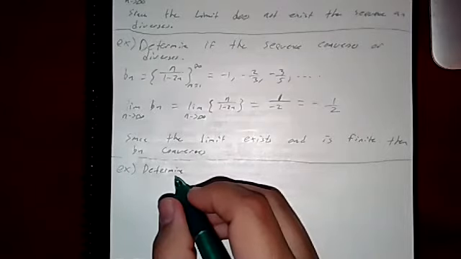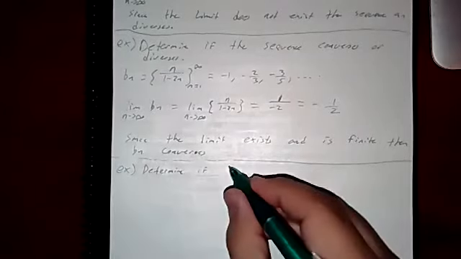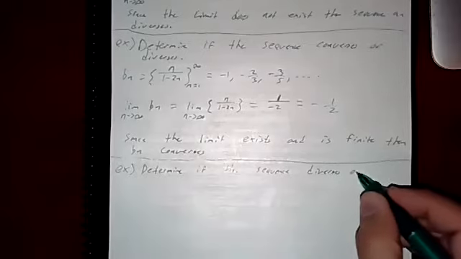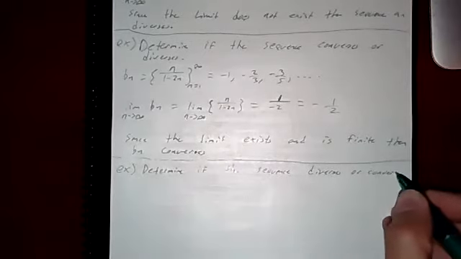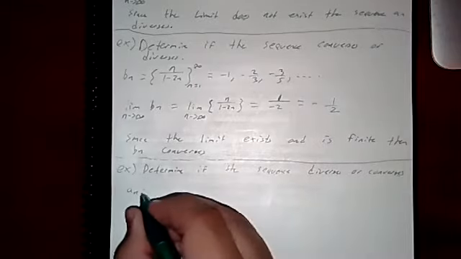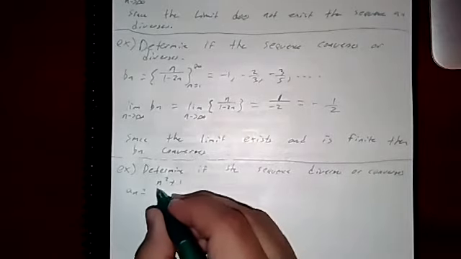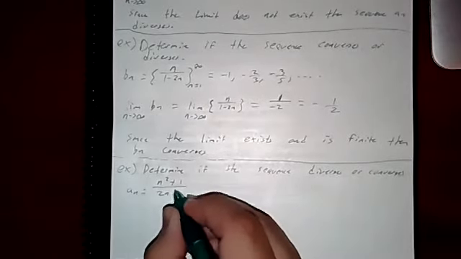Determine if the sequence diverges or converges. a sub n is equal to n squared plus 1 over 2n minus 3.